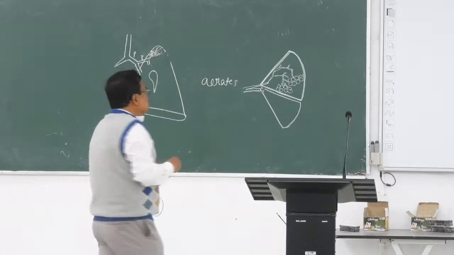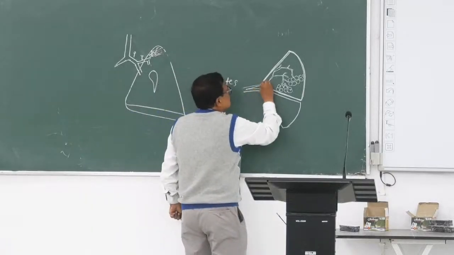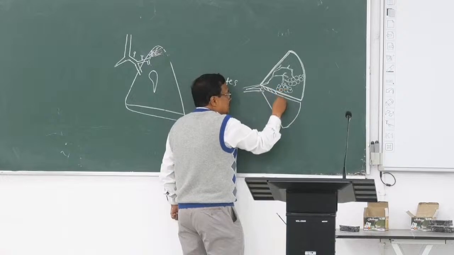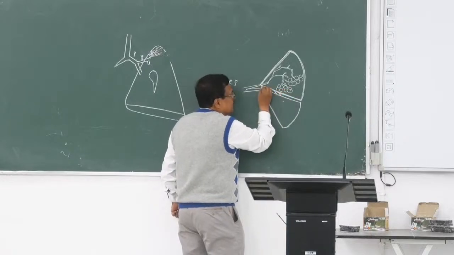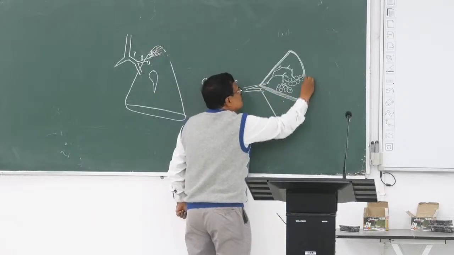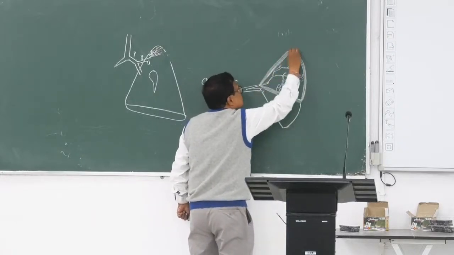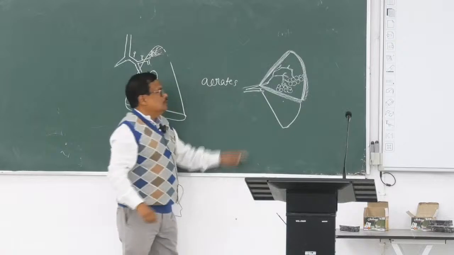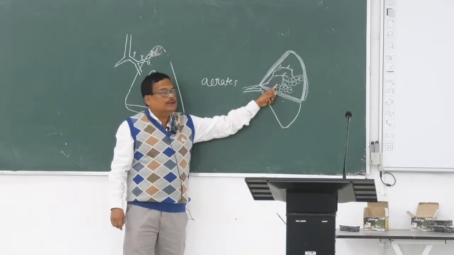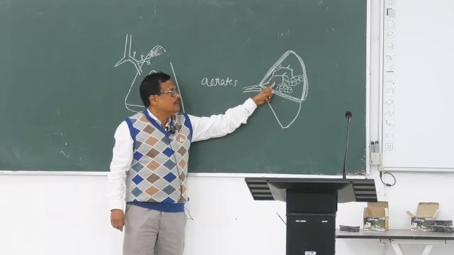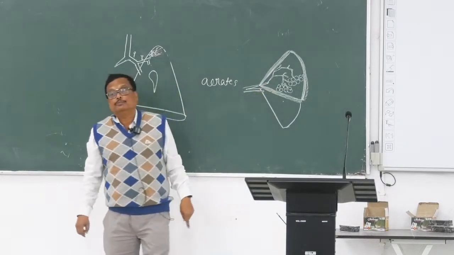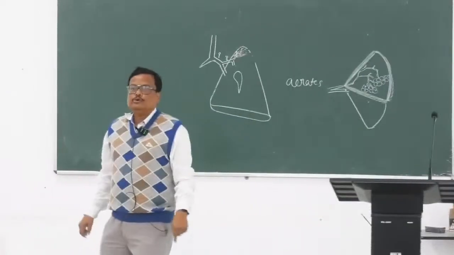And each isolated pyramidal bronchopulmonary segment is separated by connective tissue septum. So, any infection usually does not go from one bronchopulmonary segment to the other unless this connective tissue septum is broken.